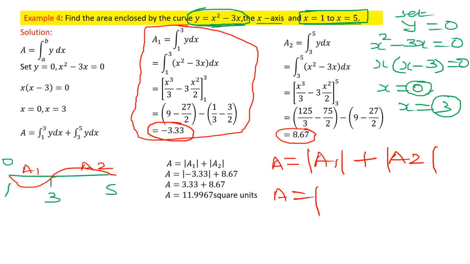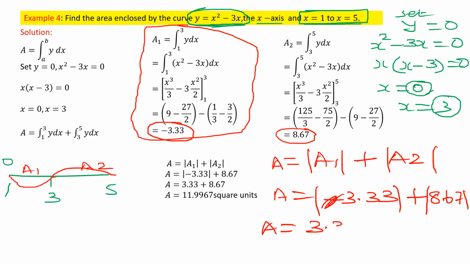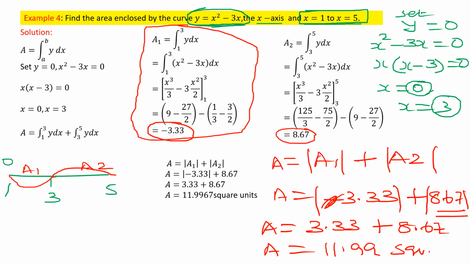So here the absolute value of A1 will be minus 3.33, so we have to rule out the minus sign. So we just take 3.33 plus, here no minus sign, so just take the value as it is, 8.67. By addition of these two, you will get 11.99 square units.